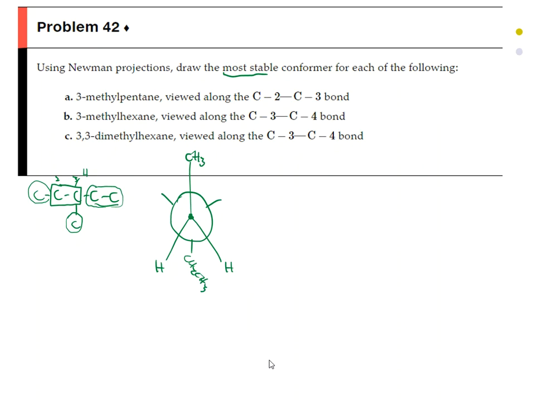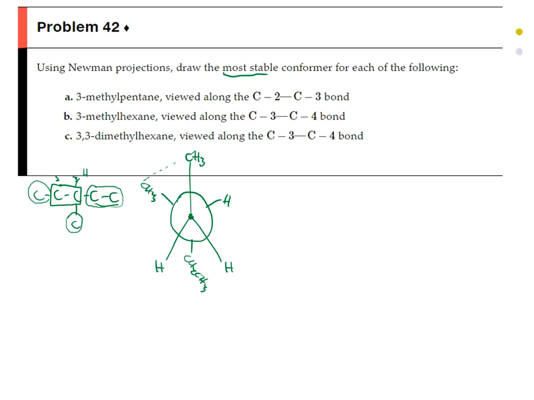Now I've got to go in and do my methyl group and my hydrogen. So there we go. I know that these 2 methyl groups are near each other, but folks, there's no way around it. I mean, this is just the way the molecule is going to have to deal with it. So that has a methyl group on the back side. You can't just delete that group. There's nowhere else for it to go.